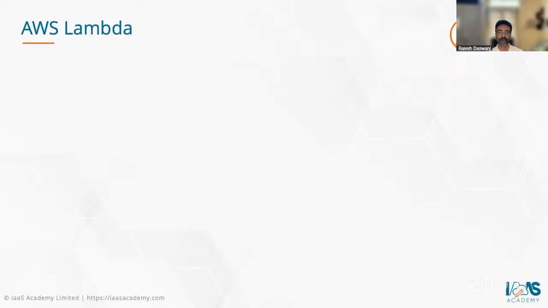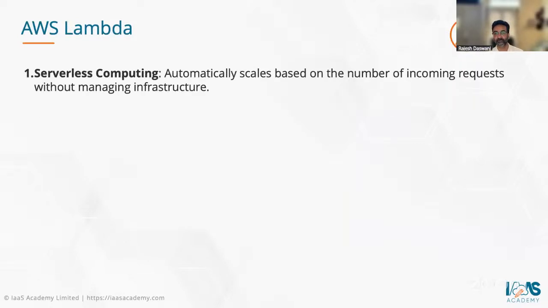Lambda is serverless compute capability, so it executes code based on a trigger or an invocation. Your code can be written in any language, Java, Python, whatever it might be.